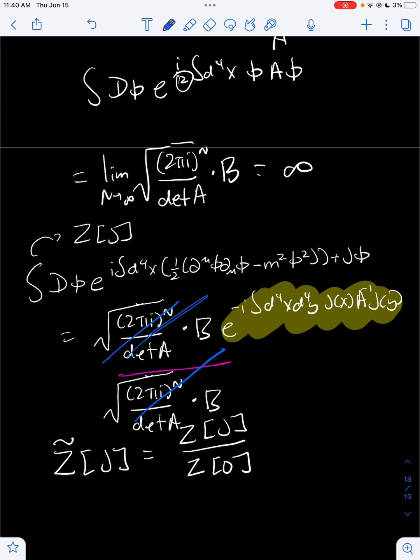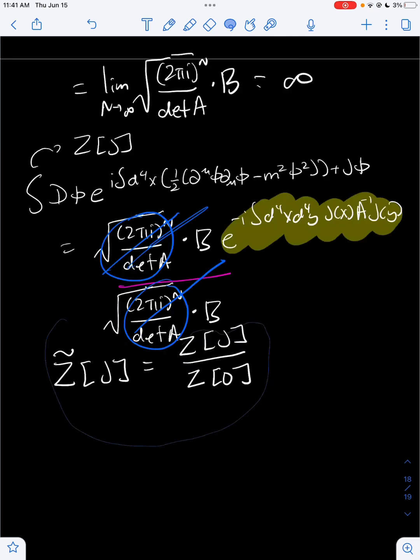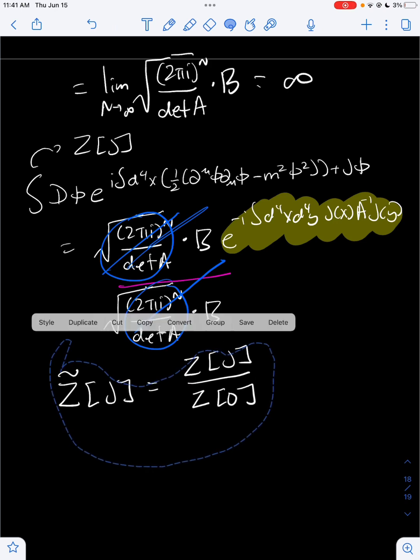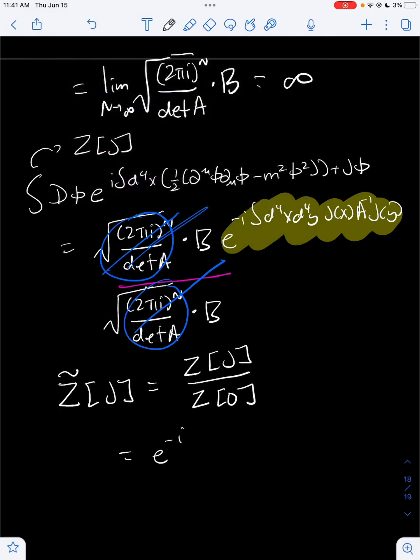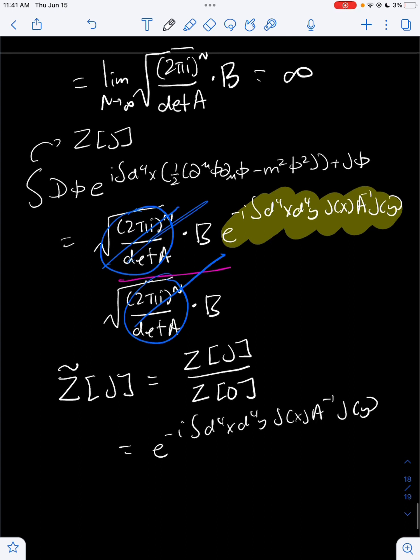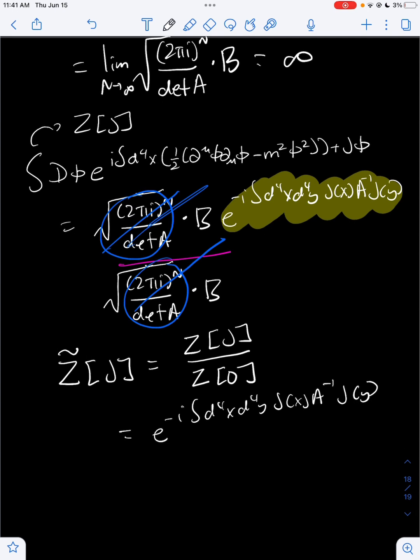Now, technically speaking, if this diverges and this diverges, we can't really just divide them out. If we kind of pretend that we can, we would get a convergent value of e to the minus i, and that would be our answer for the normalized generating functional.